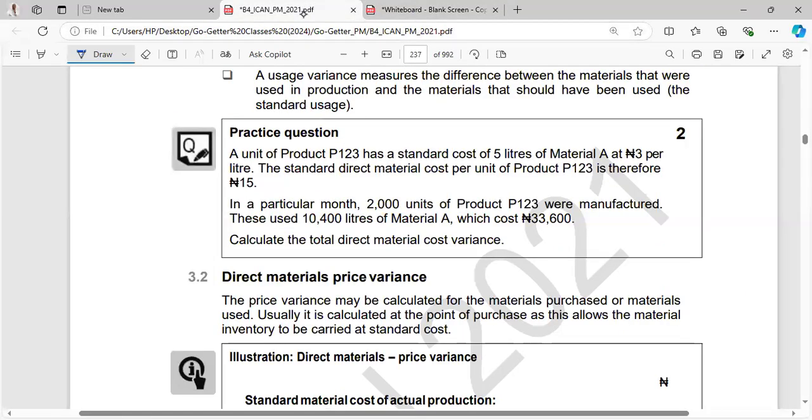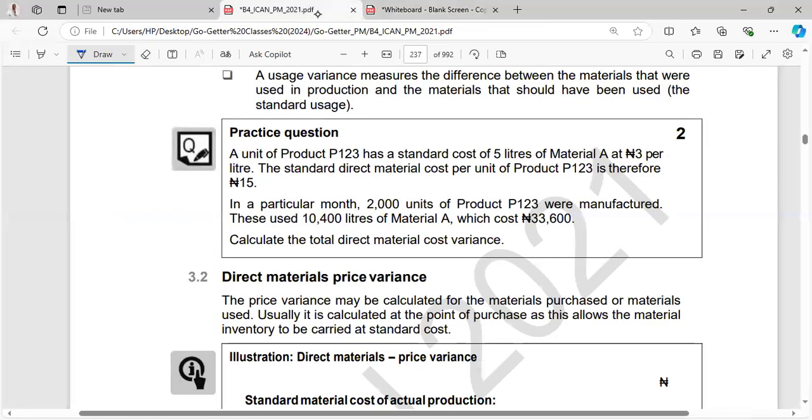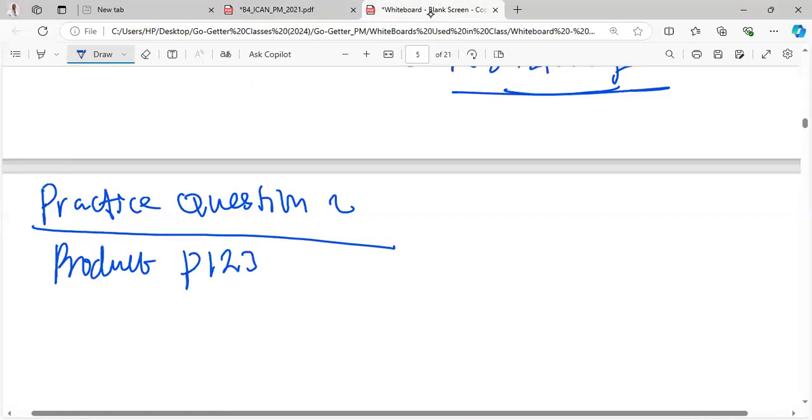Now the product is 1 unit of product P123. So I will say product P123, then standard cost material A, 5 liters per unit.